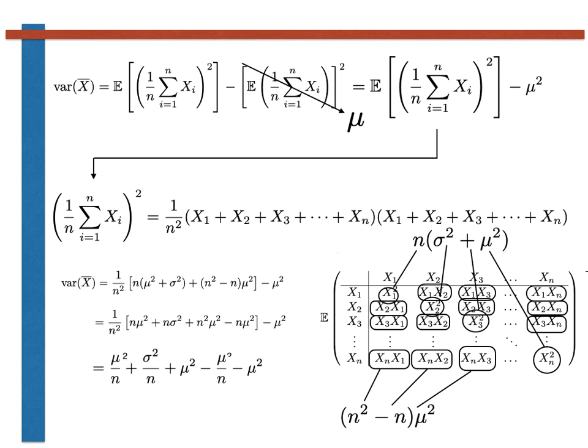We can cancel out the plus and minus mu squared in this expression, and also the plus and minus mu squared over n as shown here. We thus arrive at the following final result. The variance of the sample mean is equal to the variance of the underlying random variable divided by n, the number of random variables that the sample mean was computed from.